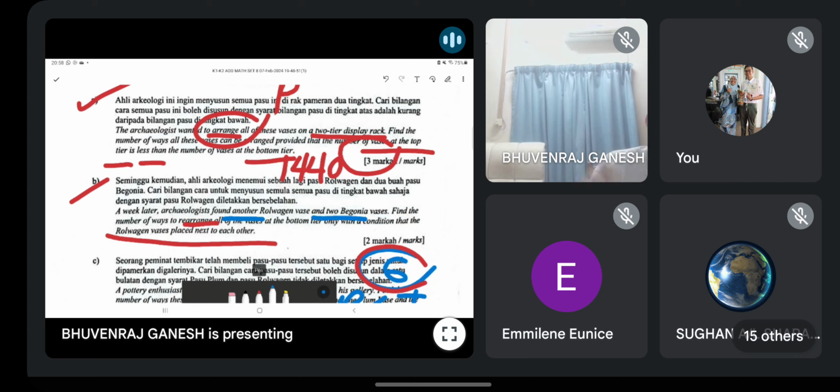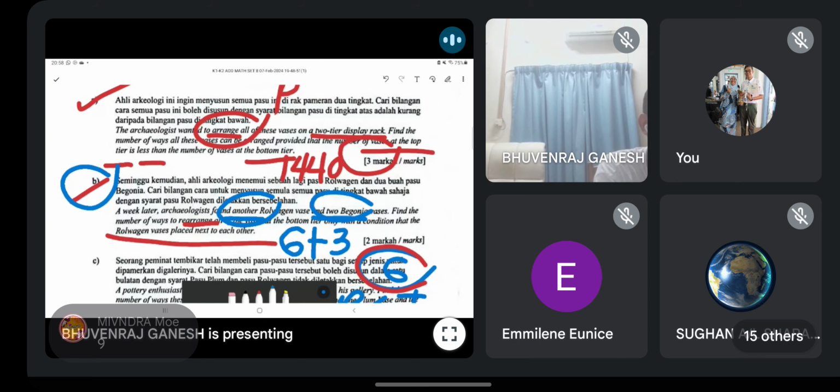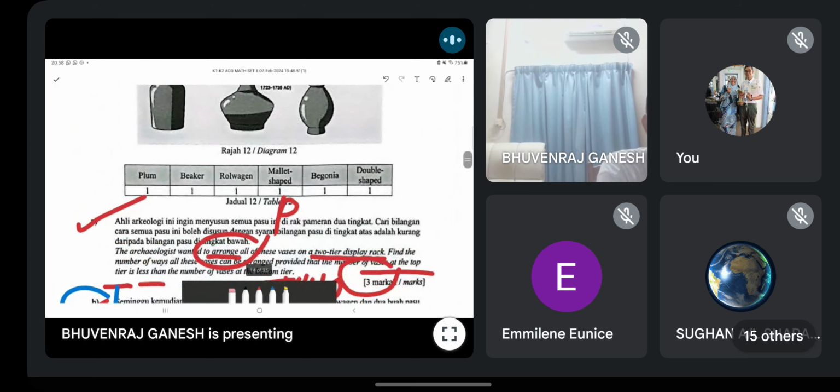So now you got 1 and 2. So total now, Ori you have 6. So now guys, what is your total vases now? Berapa jumlah pasu sekarang untuk soalan B ni? Yeah, 6 plus 3 now. So you have 9. So they want that this one next to each other. So how many of these you have? You have 2. Okay, Volkswagen. I don't know what's the name lah. So this one already tambah to 2.